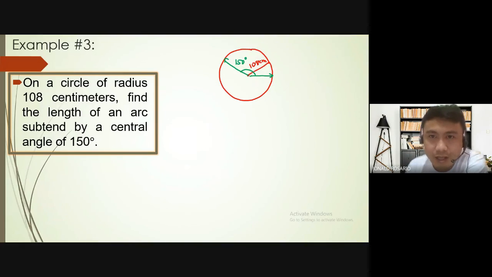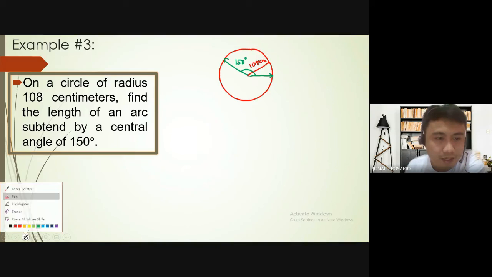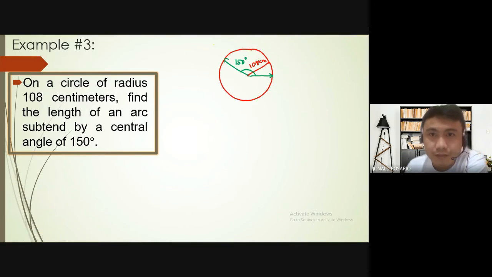Ang hinahanap natin, again, is the length of an arc subtended by the 150 degrees central angle. So ganun pa rin ang gagawin. We're going to use, again, the formula for the arc length, which is r times theta. Our r is 108 centimeters.